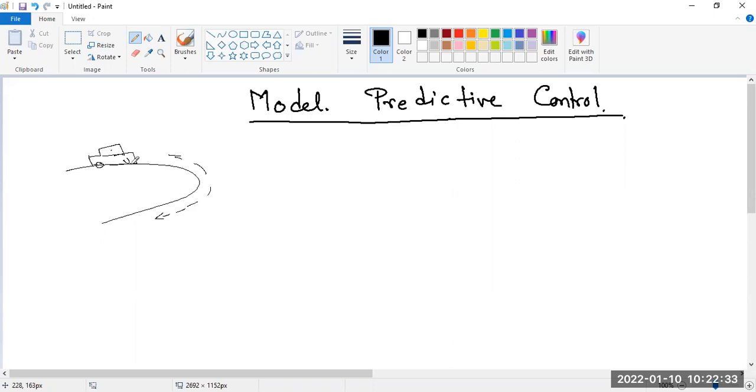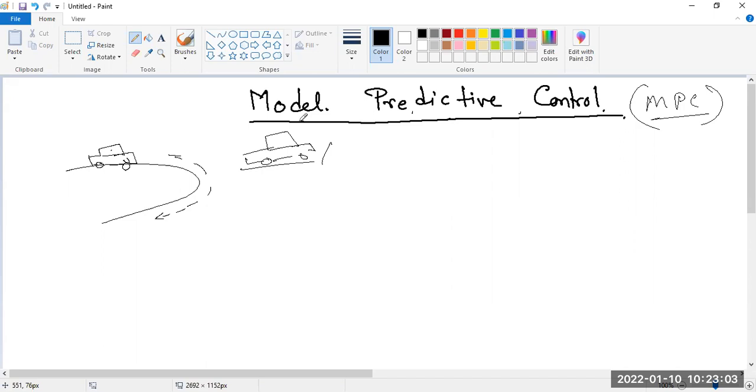So how is this possible? This is done by model predictive control, that is called MPC. Today we will discuss regarding this. You may say something about your experience, whenever a car is banking, or your bus suddenly stops or brakes, then you can feel some jerk.